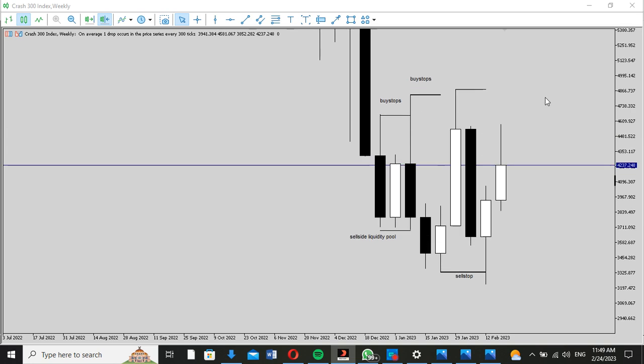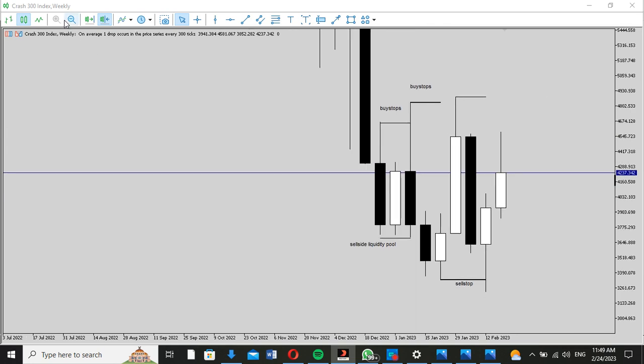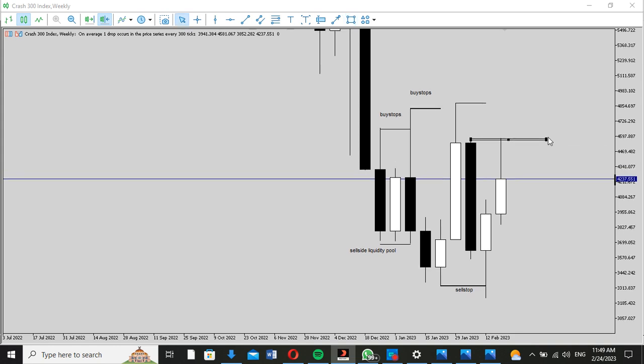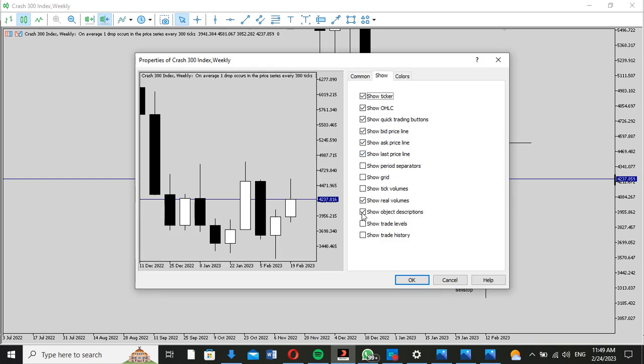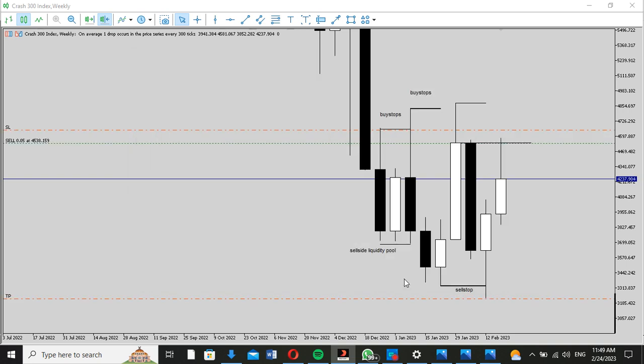So right here, what you get to notice is price traded lower and it did grab liquidity from right here. So we have equal lows right here, so it was hunted. If you check where I have my entry, you get to see it right there at that level.